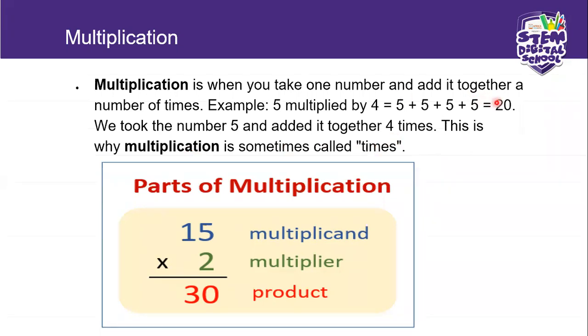This is why multiplication is sometimes called times. So in multiplication, you meet a point where they'll say 5 times 3 or 5 times 2, and that means the number of times you're going to add that thing. But the bigger the number gets, the less opportunity you'll have to use the repeated addition method.